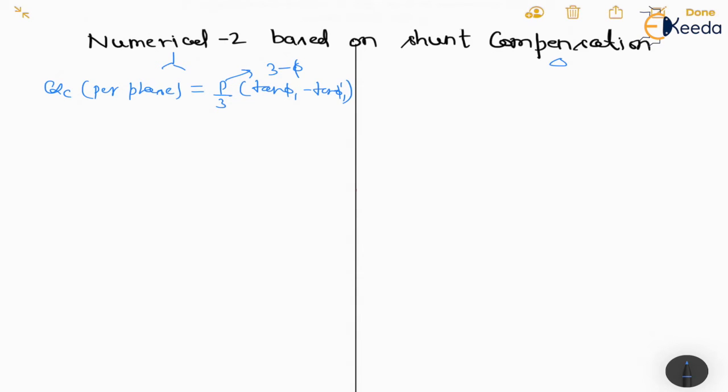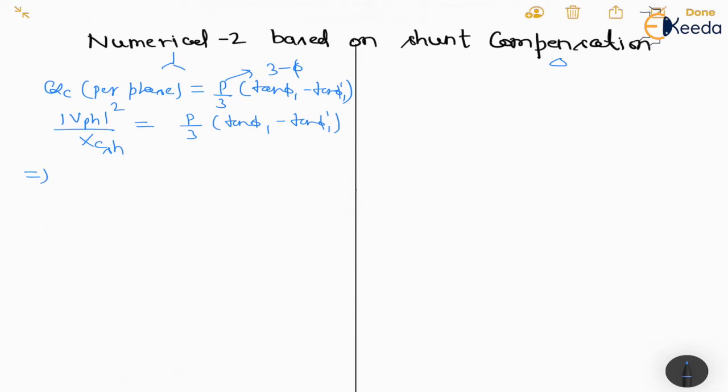And QC per phase, if you find it out, then it will be VPH of system square. It should be the VPH square of capacitor bank upon XC, and we know that VPH square of capacitor bank is equal to VPH square of the system upon XCSH, which is equal to P by 3 tan of phi 1 minus tan of phi 1 dash.